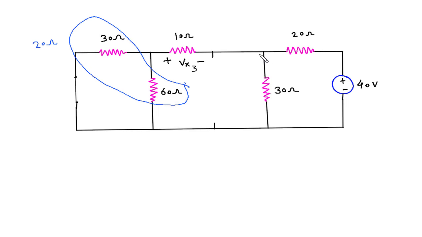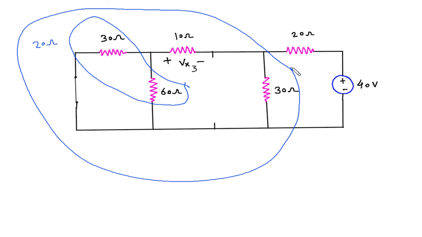Now first we will find the voltage across this resistor. We have to find its equivalent resistance first. So this 20 plus 20 plus 10 will be 30. 30 ohm in parallel with 30 ohm will be 15. This whole will be 15 ohm.